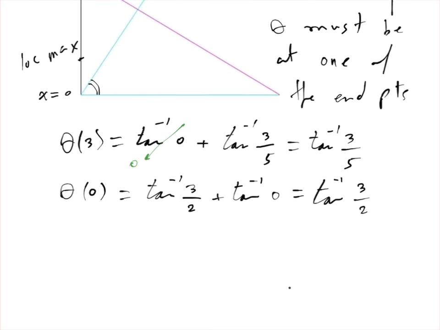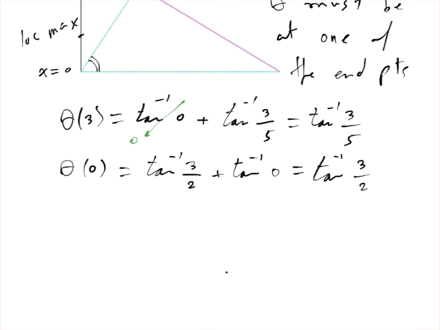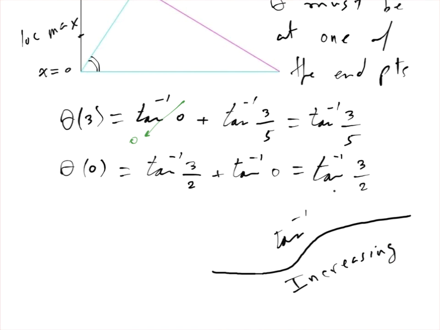And in fact, that's true, because this is the graph of tangent inverse, if you remember it from pre-calculus or here in calculus. It's an increasing function, and when you have an increasing function, for higher values, you get higher values.